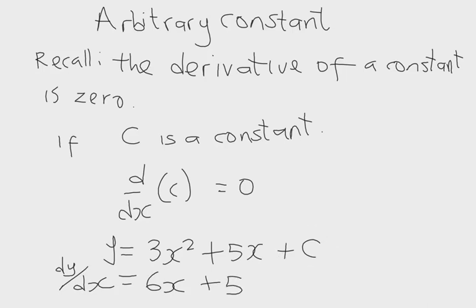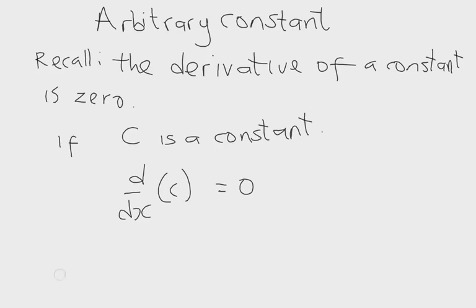So the derivative of c, which is a constant, is going to be 0. Now that c in a function may exist, but when it comes to integration, you may not be able to know what that c is, except you are given some information.